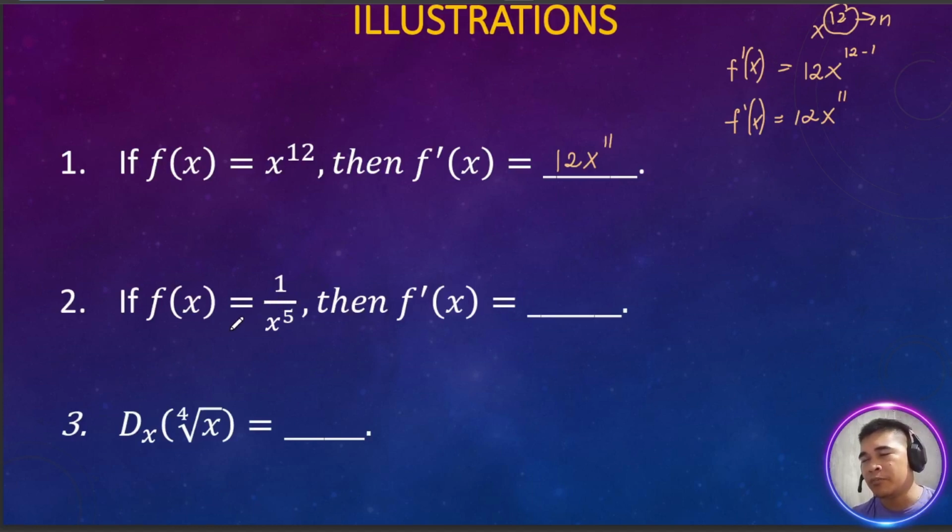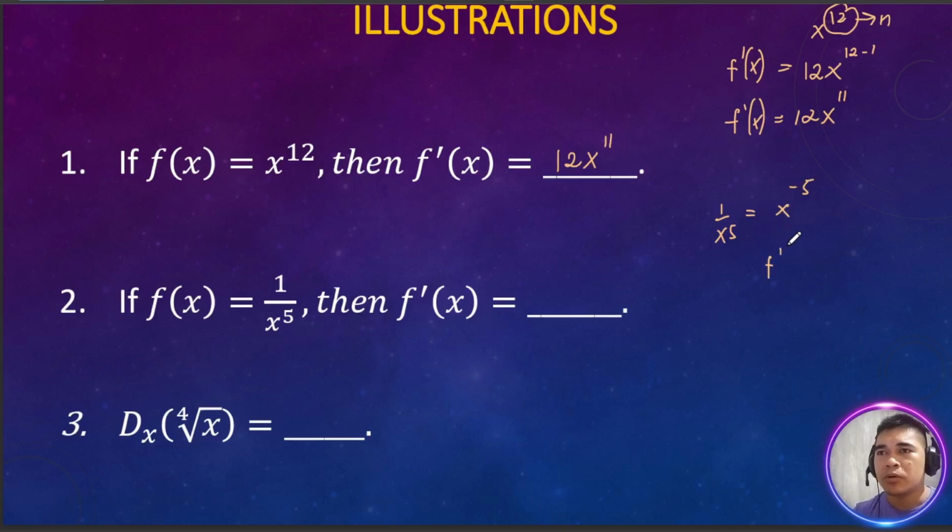Next, if f of x is equal to 1 over x to the power of 5, then what is the derivative of x? So take note, we have 1 over x to the power of 5. It can be rewritten as x to the power of negative 5.